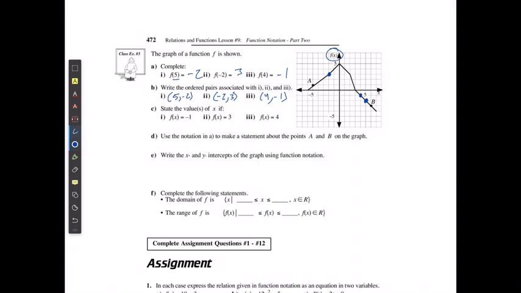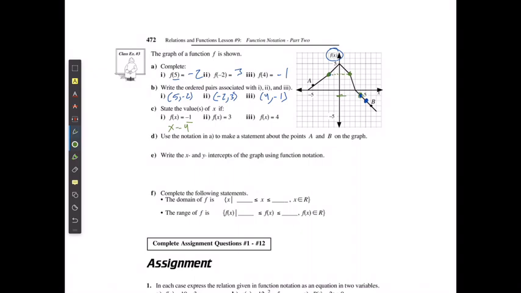Now, if it's giving me the value of f of x, I'm going to take a look at my vertical and say, well, if my vertical is -1, then I go down to -1 here, and I can see that at -1, x is equal to 4. When it says that f of x is equal to 3, well, f of x is 3 here, and in this case, I actually have 2 respective points that it could go through.